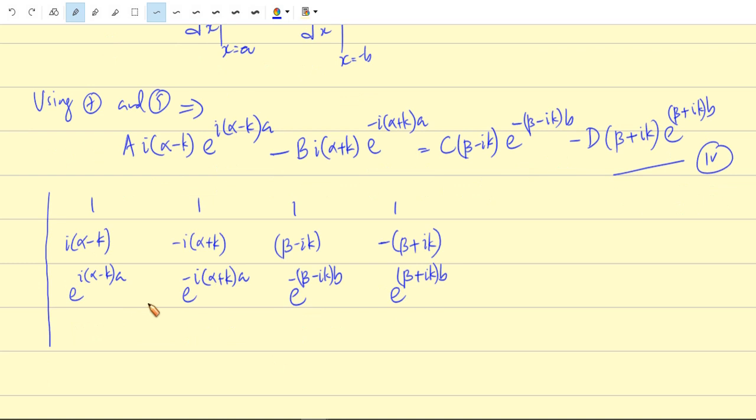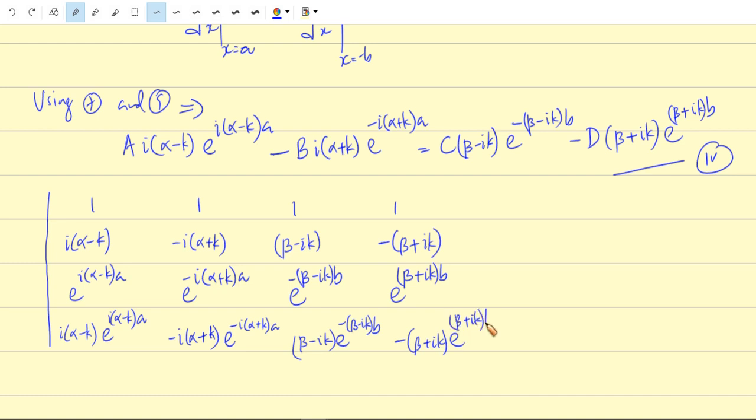The coefficients in the last equation are i(α − k) e raised to i(α − k)a, minus i(α + k) e raised to minus i(α + k)a, (β − ik) e raised to minus (β − ik)b, minus (β + ik) e raised to (β + ik)b.